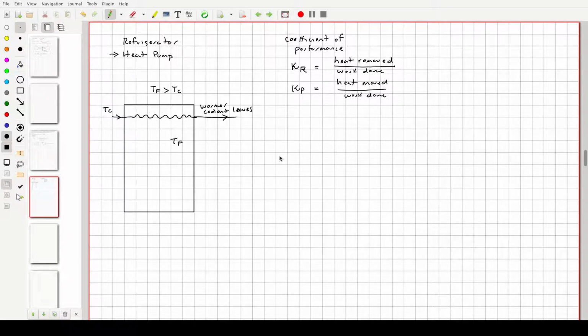Now, what you do is you take this coolant, which at this state a lot of times is a gas, and generally it is, and then you compress it by doing work. This is a compressor.